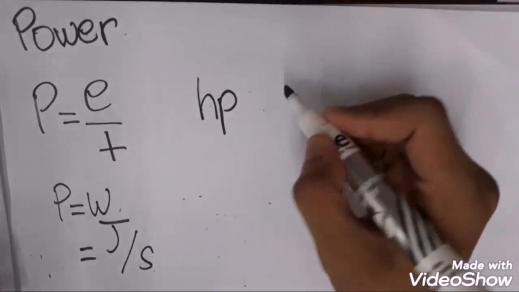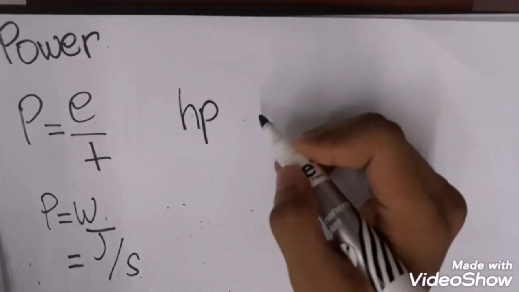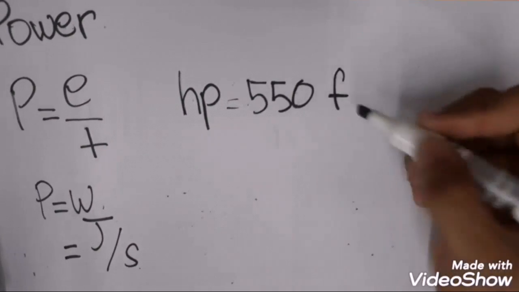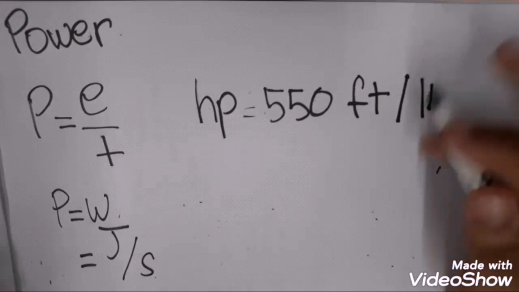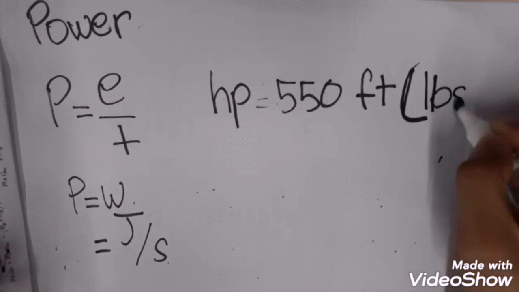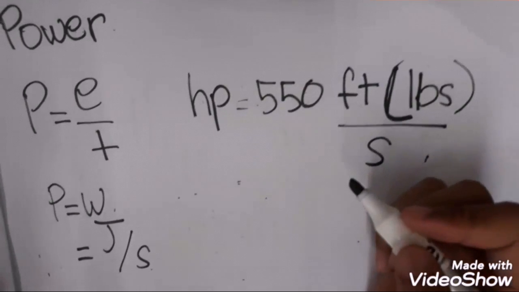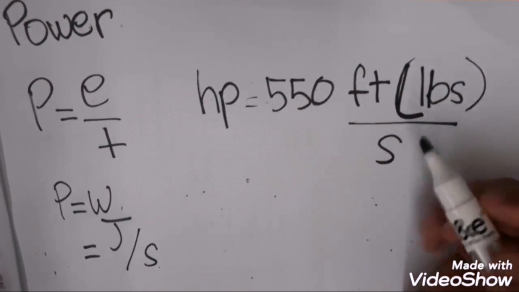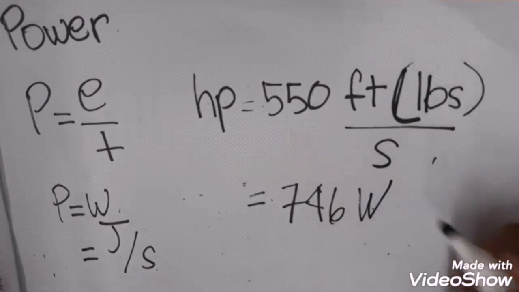Horsepower is a unit of power in the British system of measurement. It is the power required to lift 550 pounds by 1 foot in 1 second, and is about 746 watts.